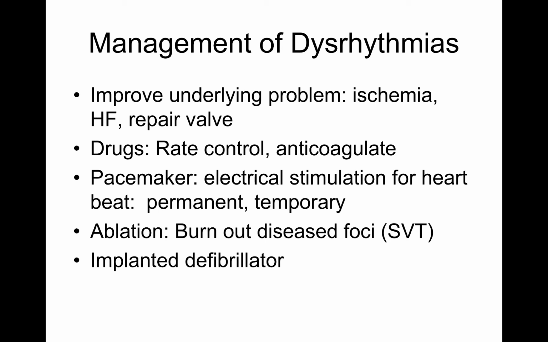Is it successful? Sometimes. It's really hard to identify where these cells are coming from because it's really small. If someone has a history of VTAC or ventricular tachycardia, we will put in an implanted defibrillator. They are called AICDs, and these are put in if they have VTAC.